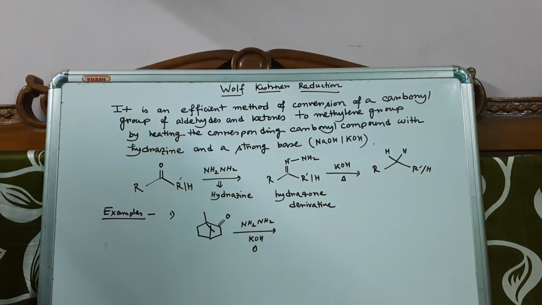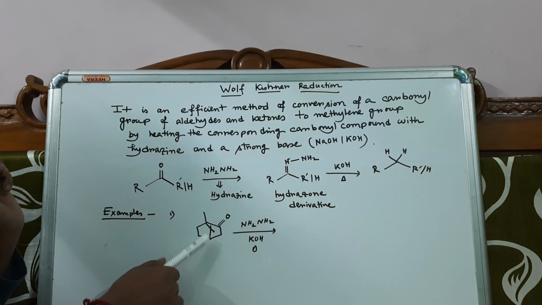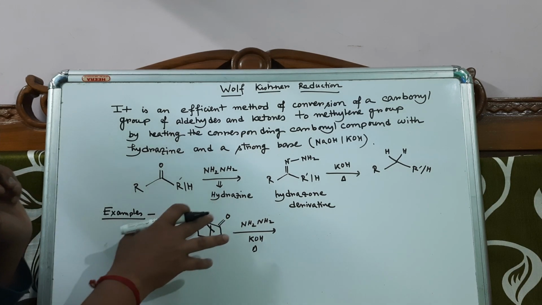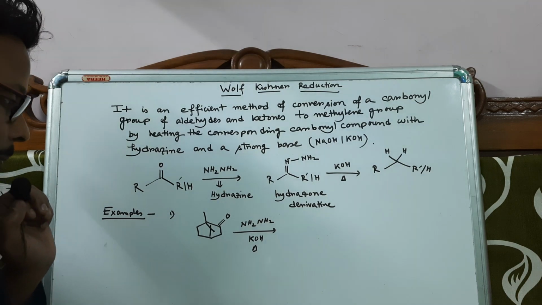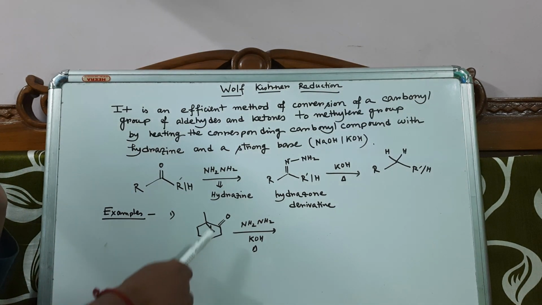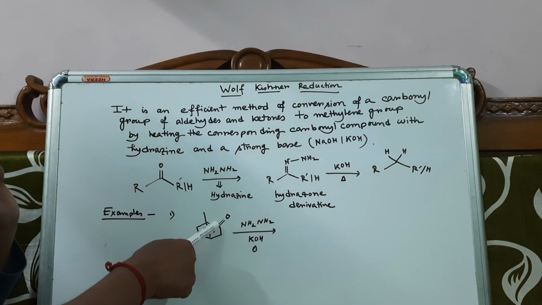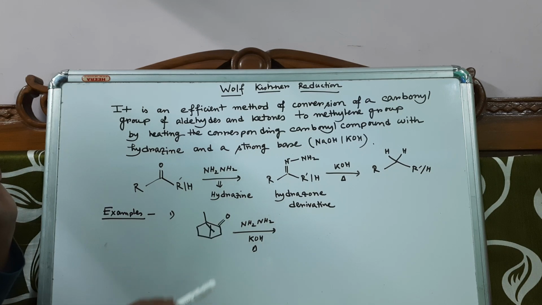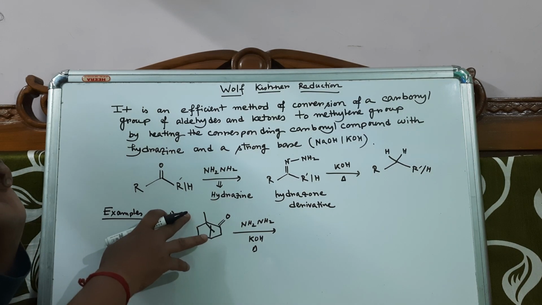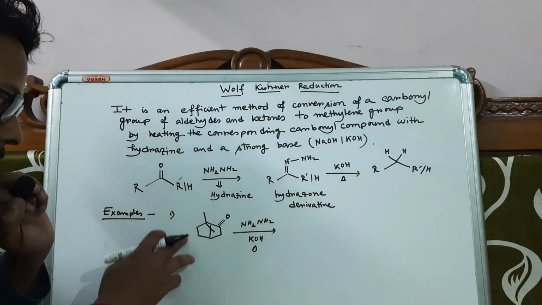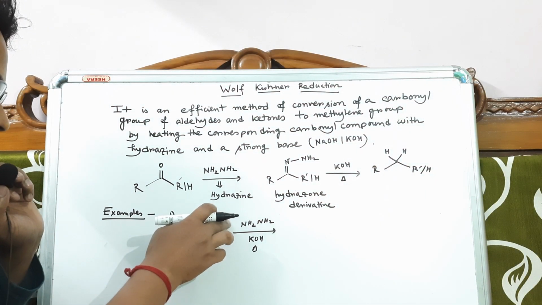You should not panic by watching such a complex structure. You should only find out what the functional group is here. The functional group here is the keto carbon, the carbonyl compound. You should not look at the complex part. You should only focus on the carbonyl part.